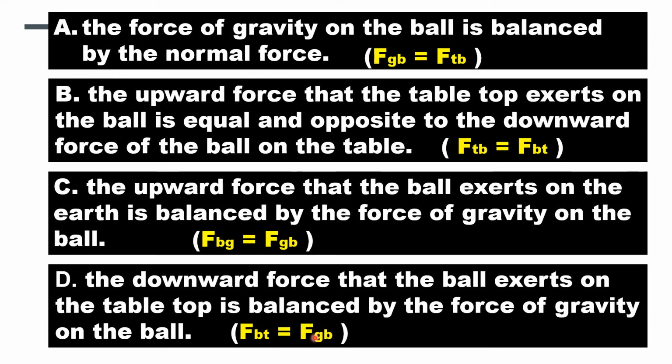Are these two forces acting on the same body? No, because look at the second letter in the subscript, T, B, meaning this one is the table, the other one is the ball. So what do you think is the best answer? The best answer, of course, is letter A.